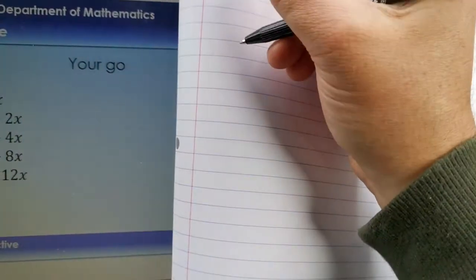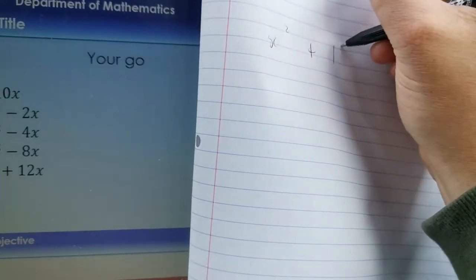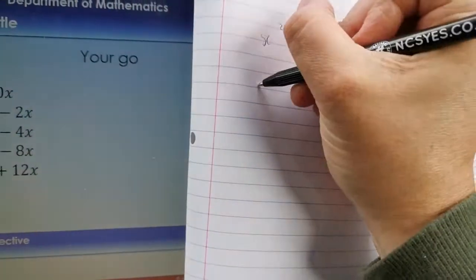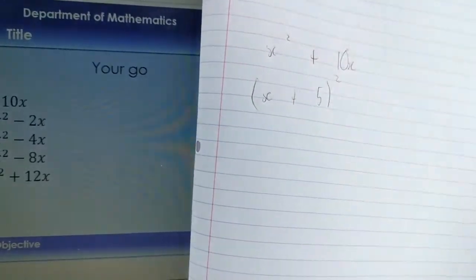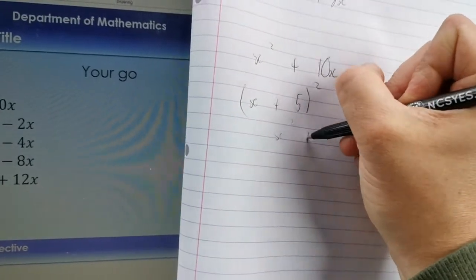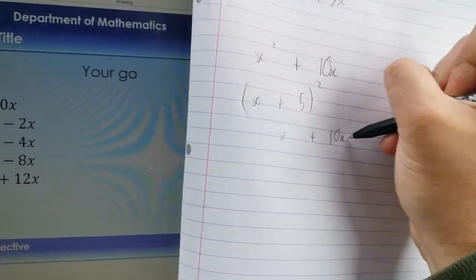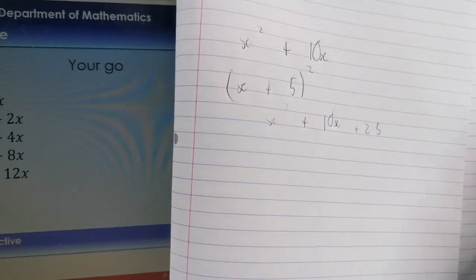I'm going to do that one together actually. If I have x squared plus 10x, I'm going to write x plus 5 squared. Now I know that x plus 5 squared would give me x squared plus 10x plus 25, because 5 squared is 25.